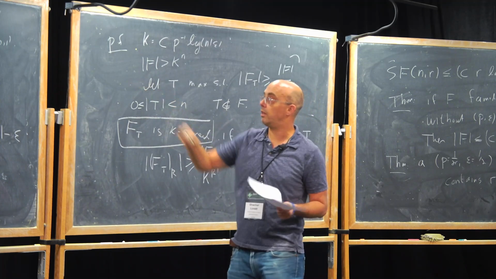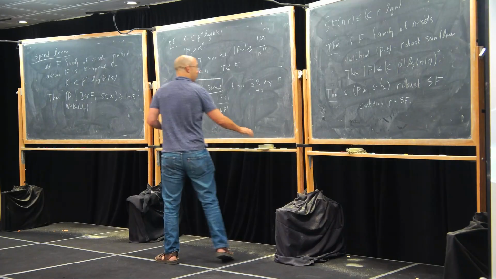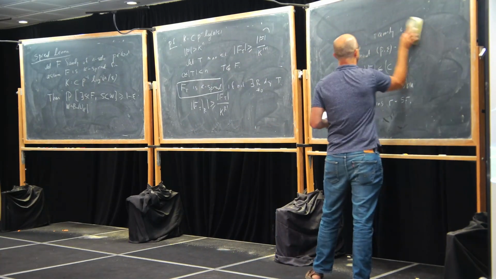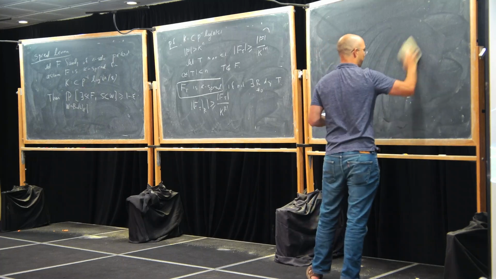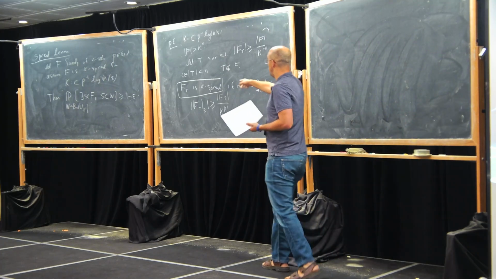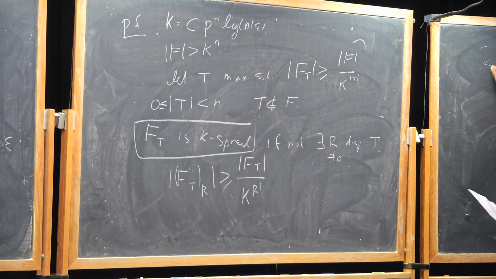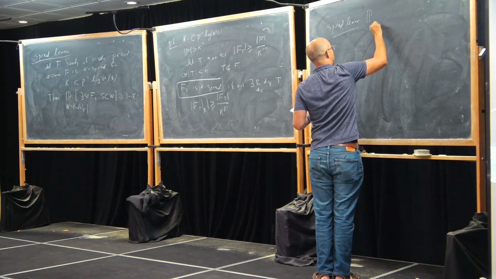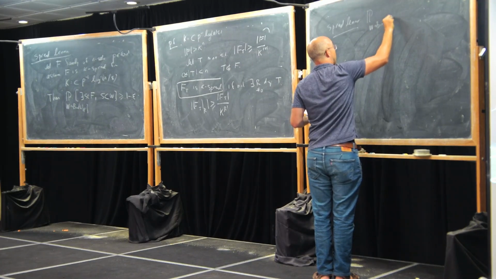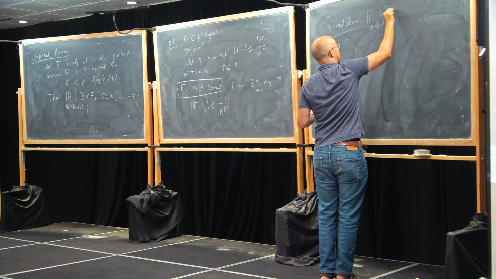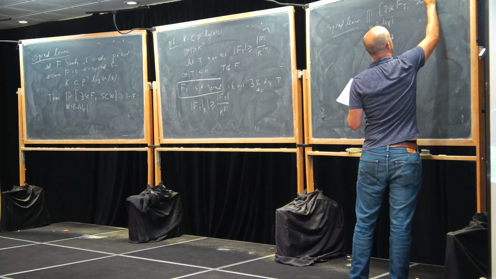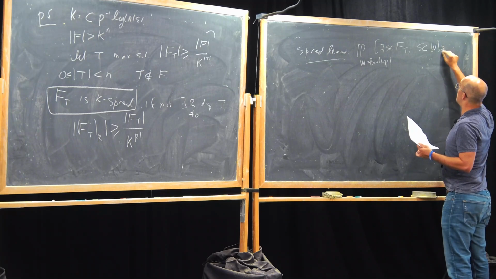Now, again, we can use our spread lemma. We have a link, F_T, and the link is k-spread. So the spread lemma tells us that the probability over W, binomial with parameter p, that there exists a set S in F_T inside W, is at least 1 minus epsilon.